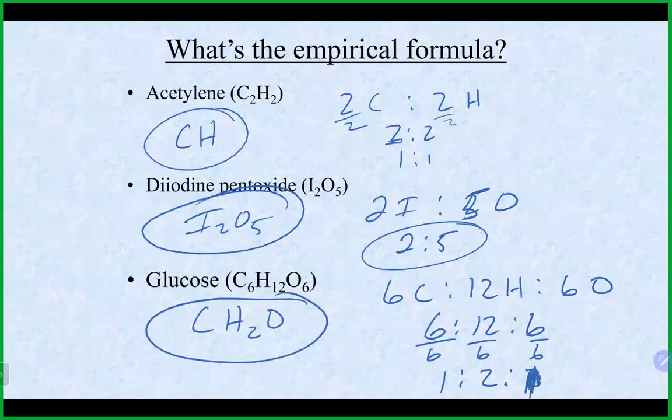Any questions on that? So if you're given the molecular formula and just want the empirical, all you have to do is reduce down those subscripts, and they always need to be whole numbers.